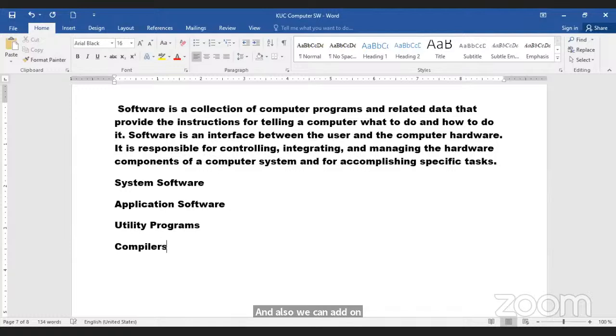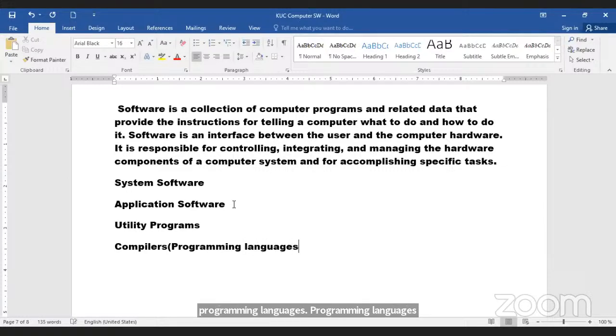Someone mentioned compilers. Compilers, we can group in programming languages. So we have compilers and interpreters. I don't want to go deep into this.